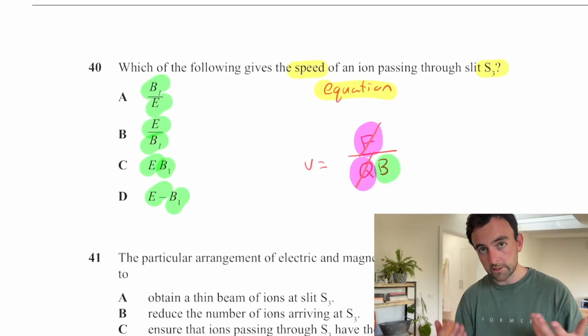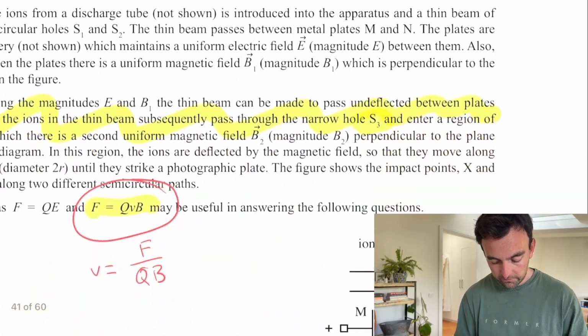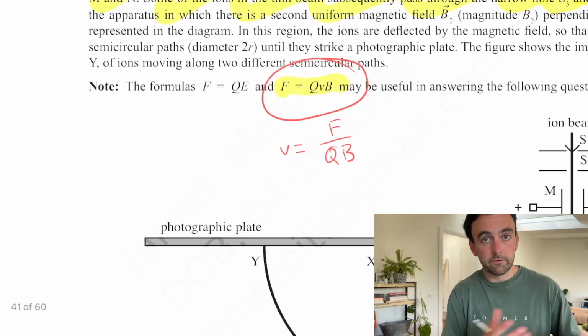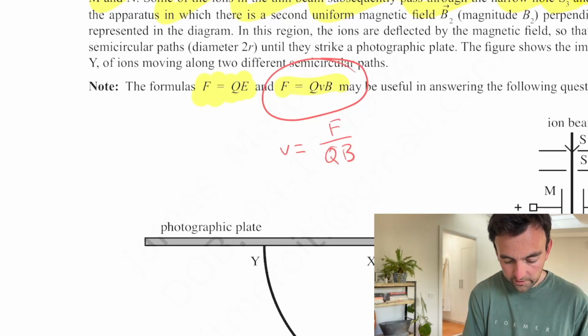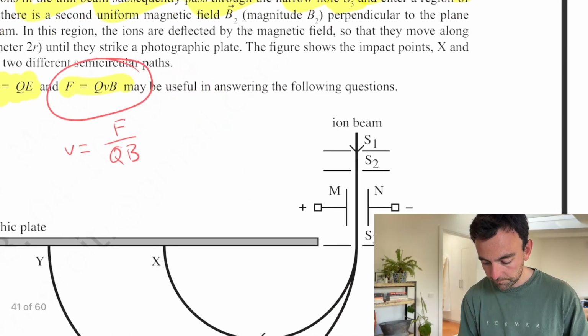And then hopefully you can come to the conclusion that, in the past, you have substituted formulas for other variables. So maybe this second equation here is actually quite relevant. So F equals QE.